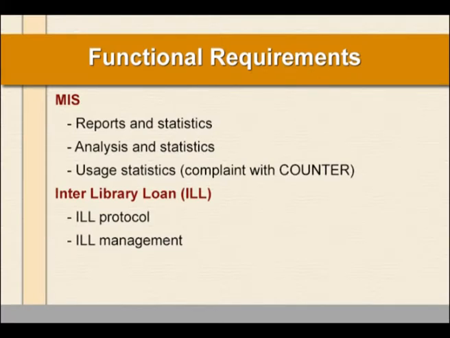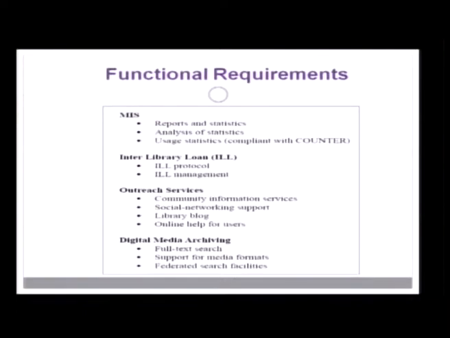Now, apart from all these basic core activities, your library automation software should support MIS through reports and statistics. Analysis of statistics is a very important part, because nowadays different kinds of analytics software are available, say for example, Google Analytics or Piwik. Can your library automation integrate with those to create different kinds of real-time usage statistics?